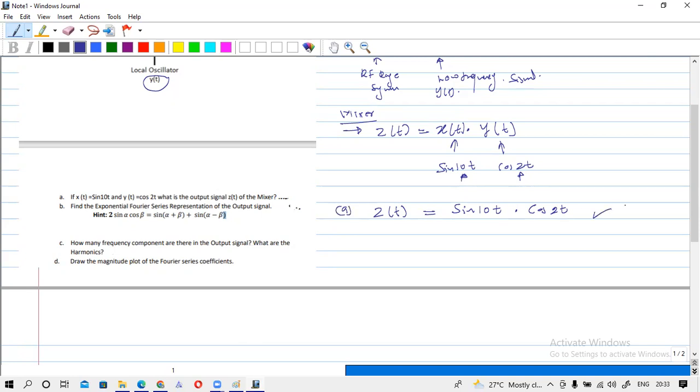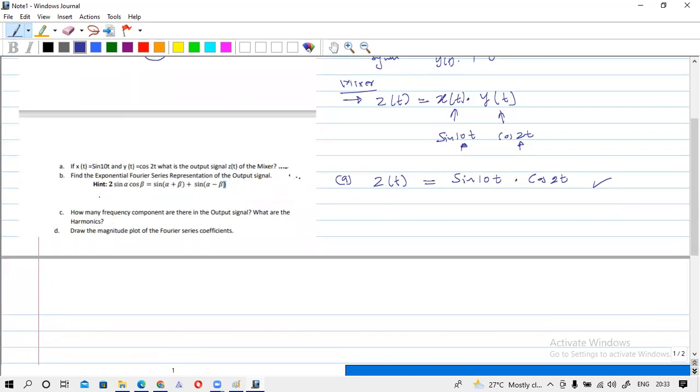We are asked to find the complex exponential Fourier series representation of the signal. When we have cos and sine terms, it is easy to use Euler formulas and represent this as a Fourier series.